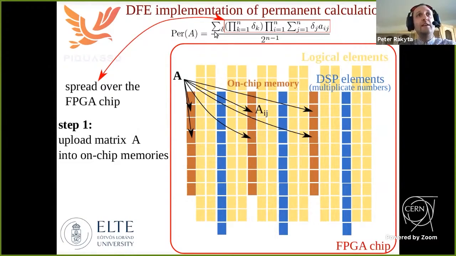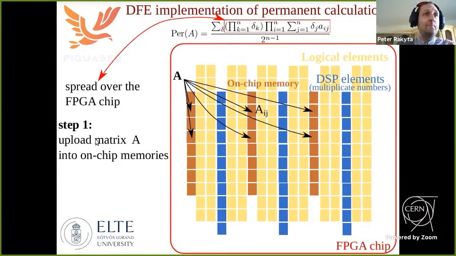So we calculate an addend to the permanent in each clock cycle tick, and also we are summing up these addends, and in the end the data flow engine just returns the calculated permanent. The last division we are doing on CPU, but it doesn't matter really.